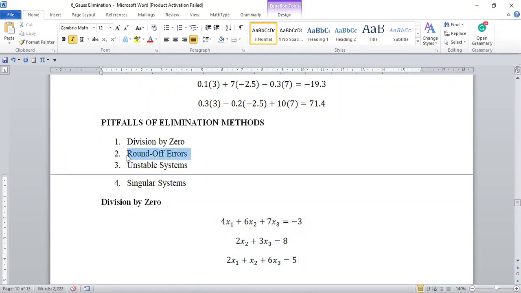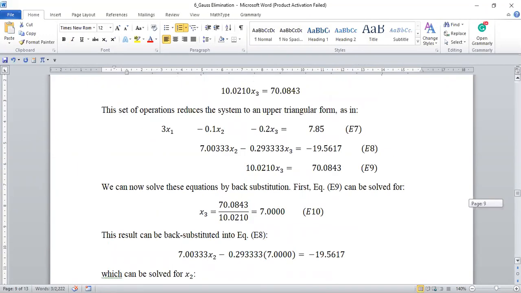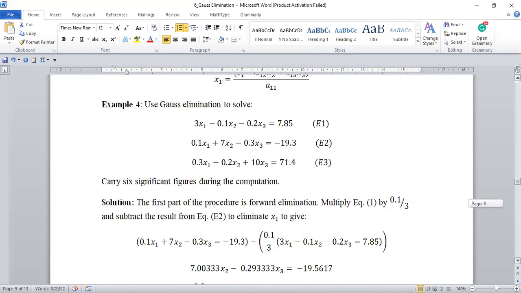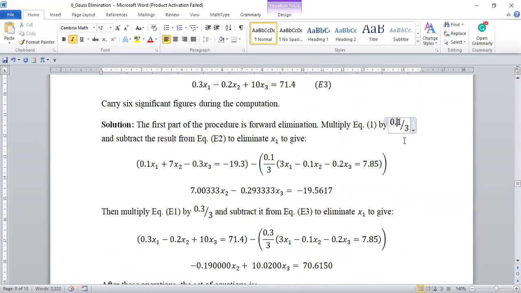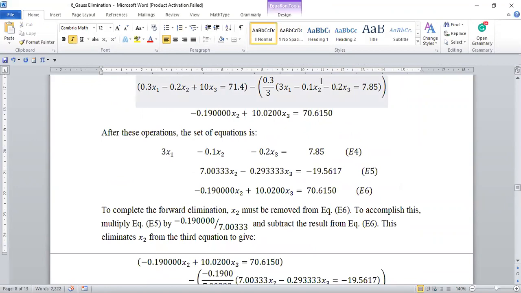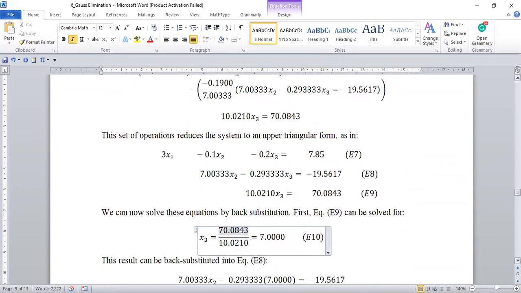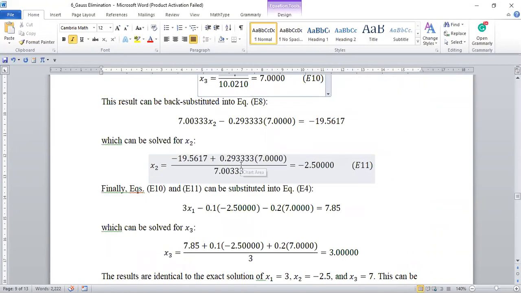So let me go to the round-off errors. For the round-off errors, I was saying, because we are doing a lot of computation, like we did this computation 1, the first computation we did, then computation 2, 3, 4, 5, 6, 7, 8, then 9.